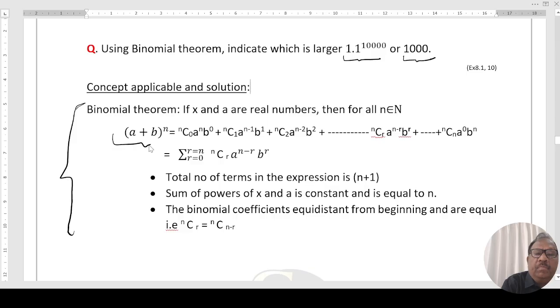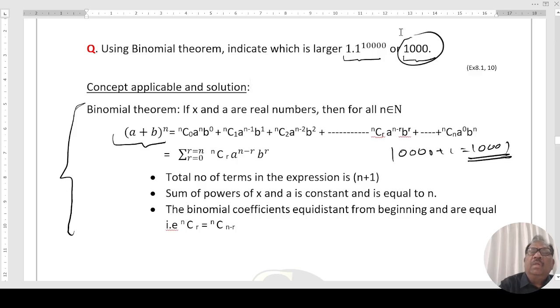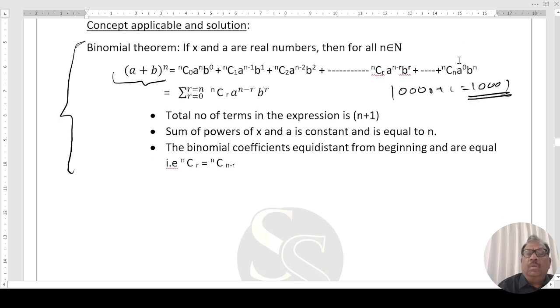This is the expansion. Number of terms in this case will be 10,000 plus 1. That is 10,001. Right? इसको expand करने की necessity नहीं है. We will check its answer is less than or greater than this. Right?